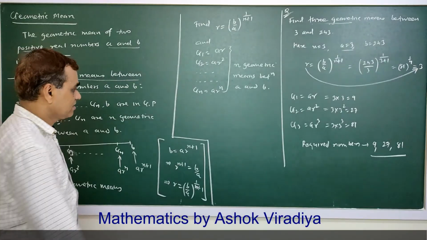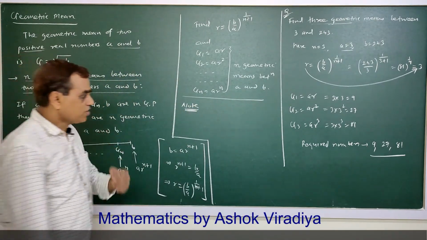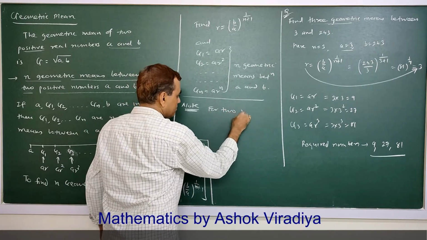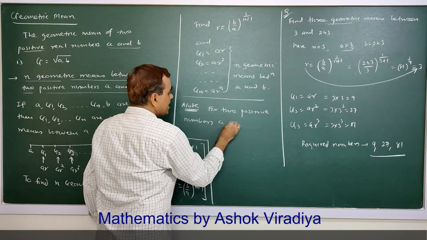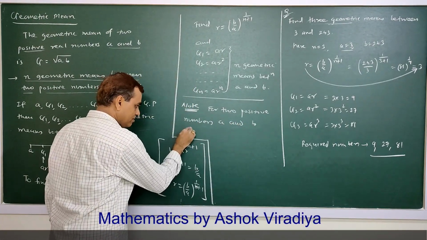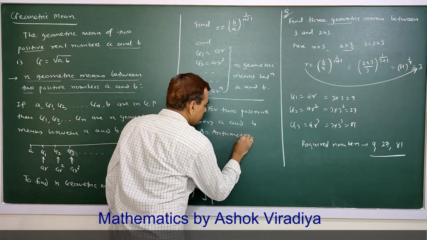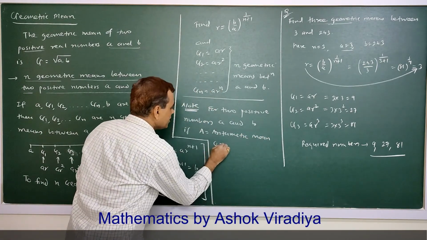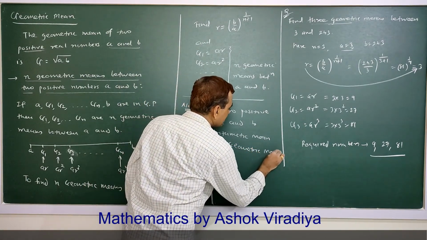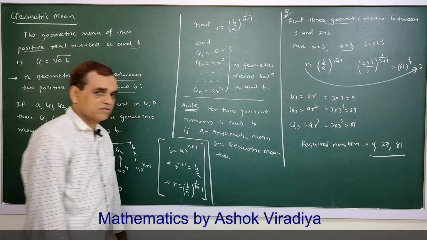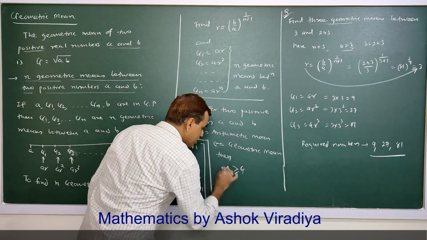There is one more result. For two positive numbers A and B, if capital A is the arithmetic mean and capital G is the geometric mean, then remember that the arithmetic mean is always greater than or equal to the geometric mean.